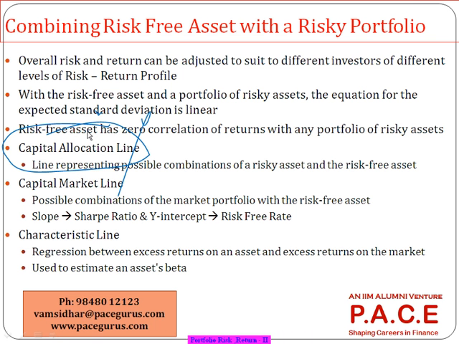That particular straight line, which is having the highest possible slope out of all CALs, which means CALs could be many in number, but CML is only one. That is what we are calling a capital market line.